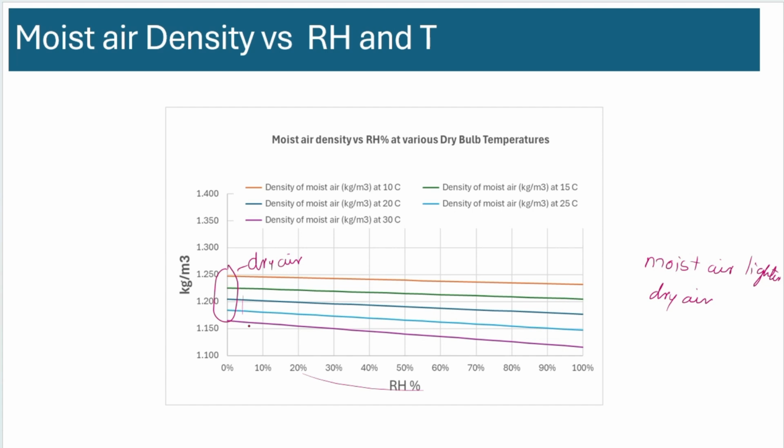And as the moisture increases with the relative humidity, the density decreases. The reduction of density is highest when the temperature is also highest. It seems like the drop at 30 degrees C is a much bigger drop than the drop that happens at colder temperatures.